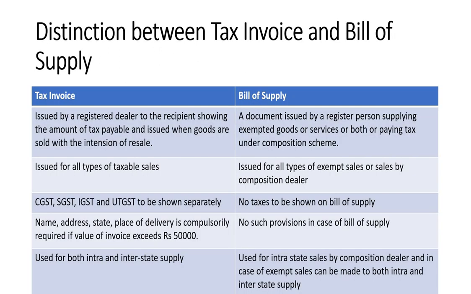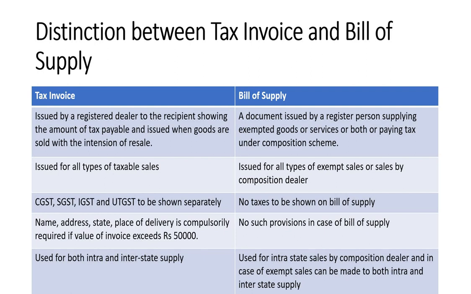Now let's make a distinction between the tax invoice and the bill of supply. A tax invoice is the invoice issued by a registered dealer to the recipient showing the amount of tax payable by him, and issued when the goods are sold with the intention of resale.